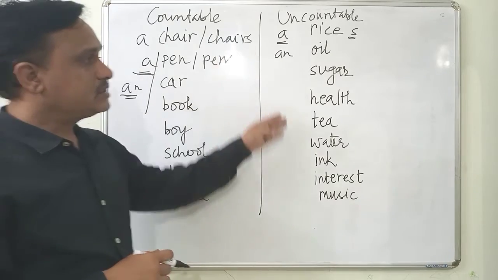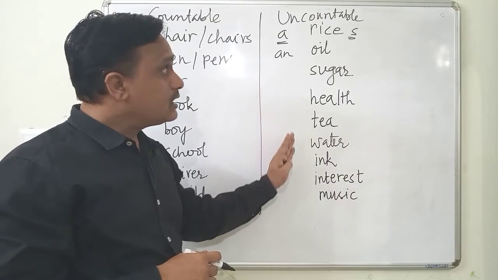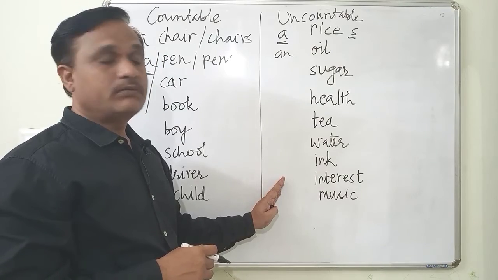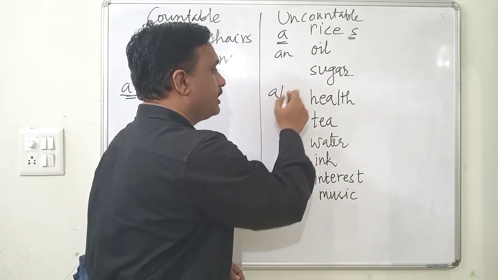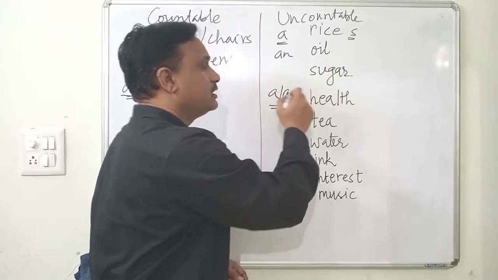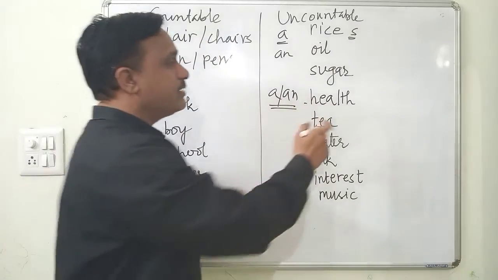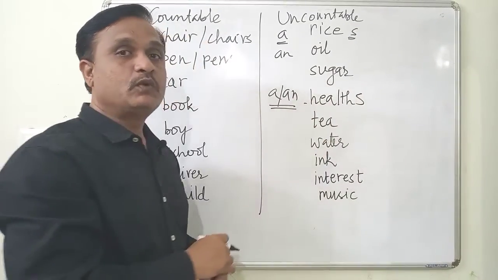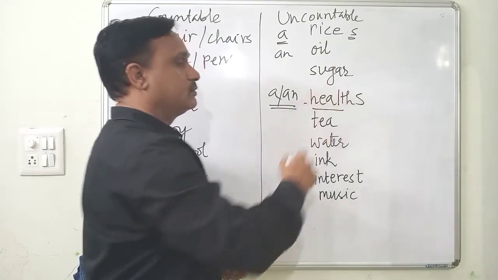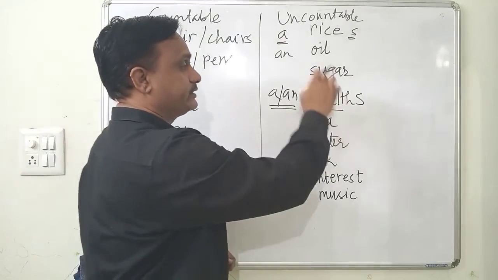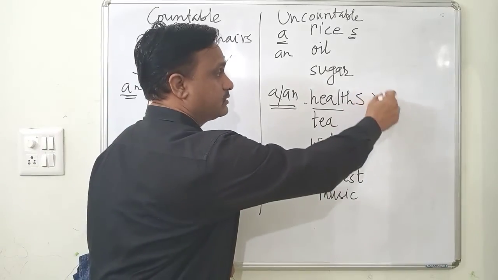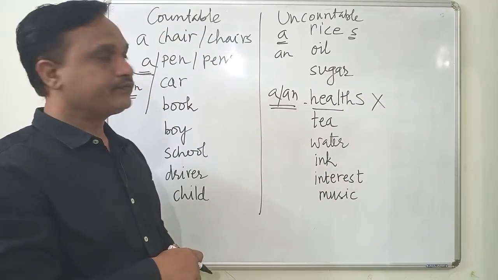We must know the uncountable nouns. Sometimes we do add a or an unnecessarily to uncountable nouns, which is wrong. Or sometimes we add s and make plural of these, which is wrong in English.